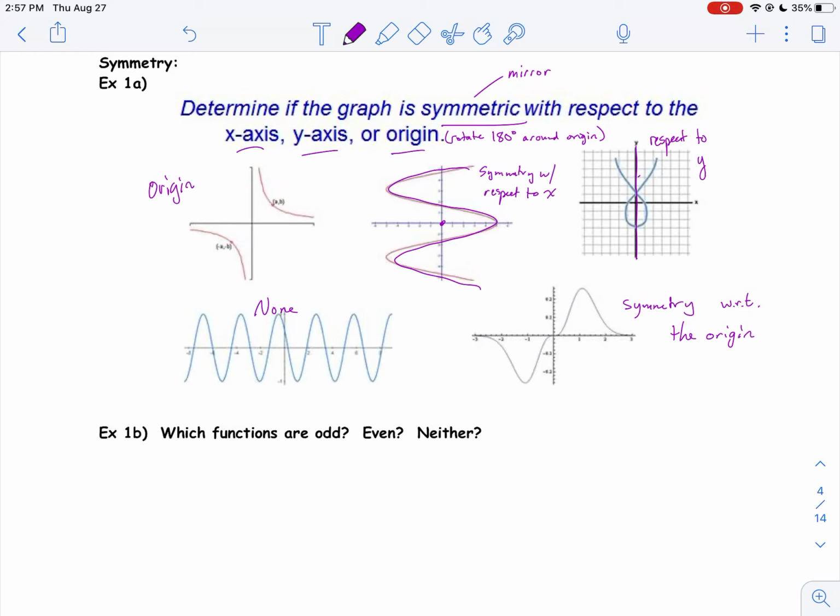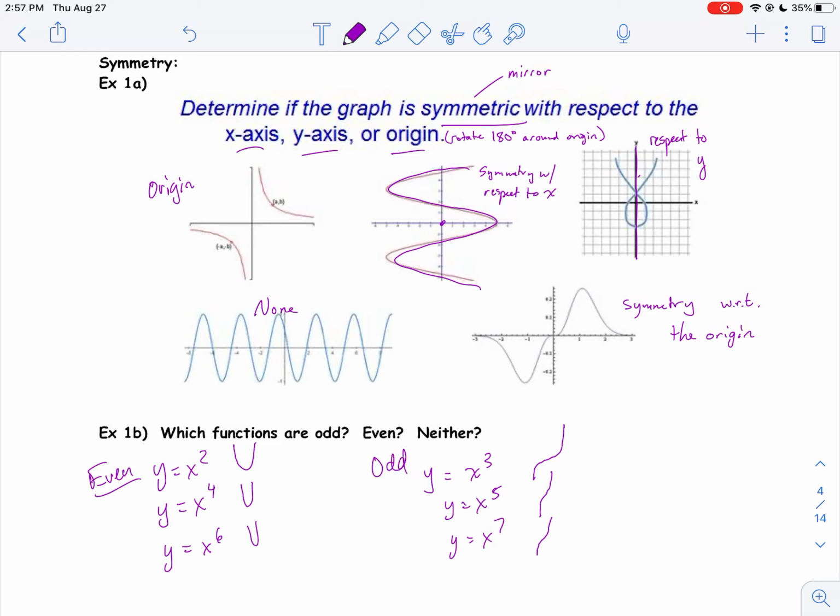All right. The next thing we're going to talk about is odd functions and even functions. If you take a second and you graph these on a calculator, you'll see that these are all parabola shaped. They get a little skinnier as you go along. And you'll see that these all look something like this, and again, they get skinnier as you go along. Okay? These are all called even functions. These are all called odd functions.